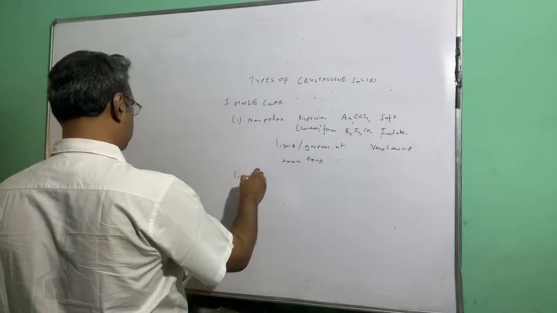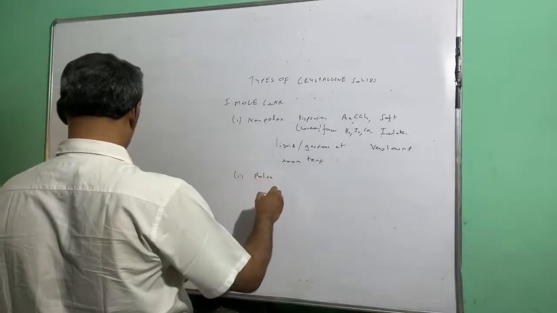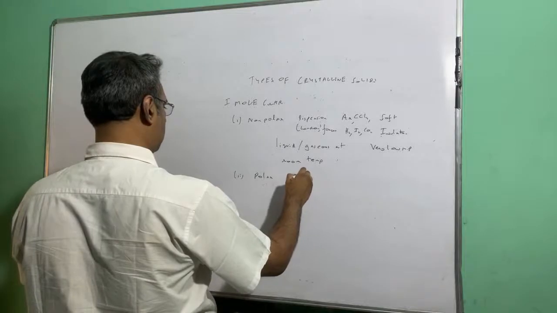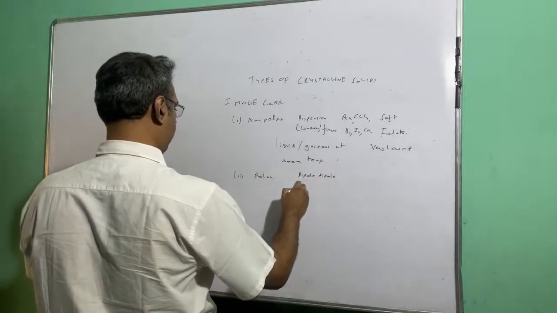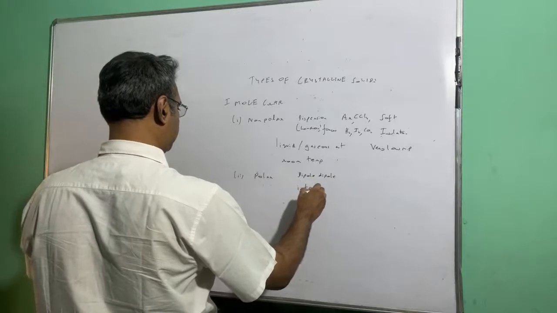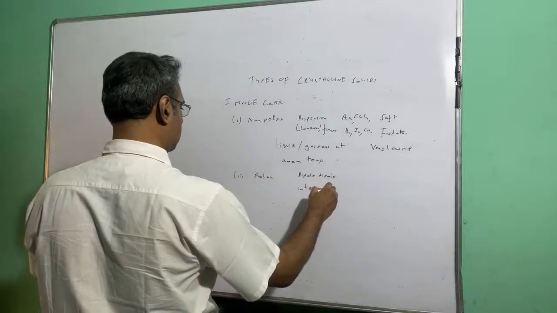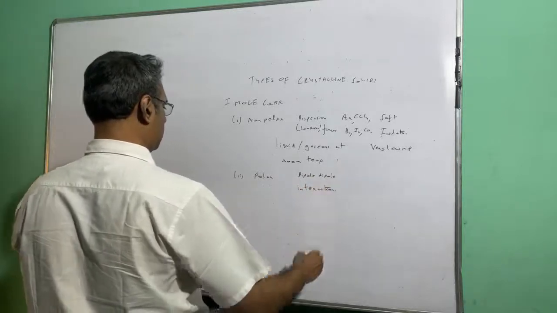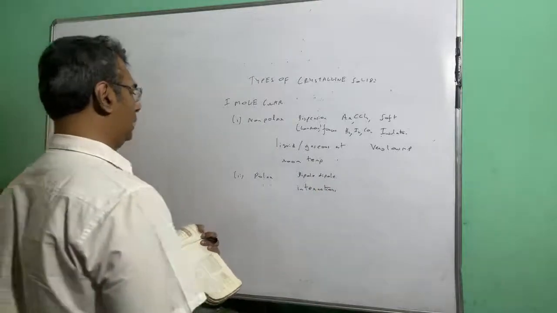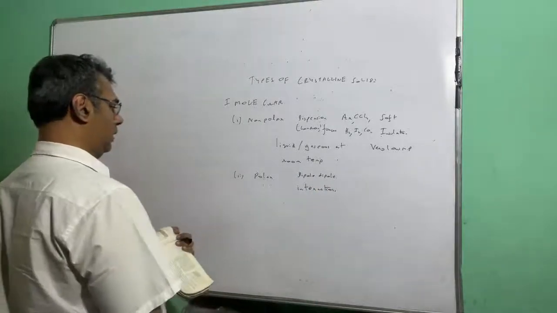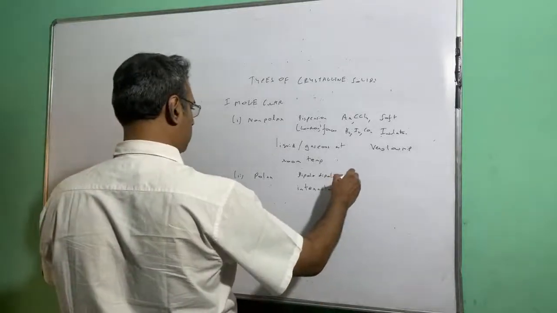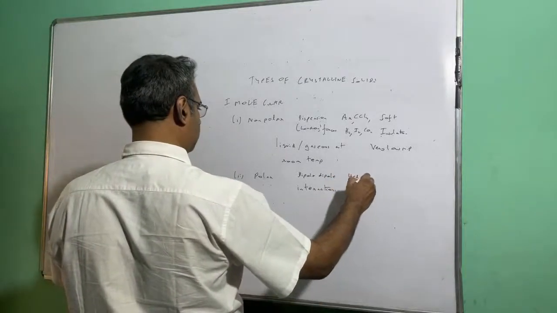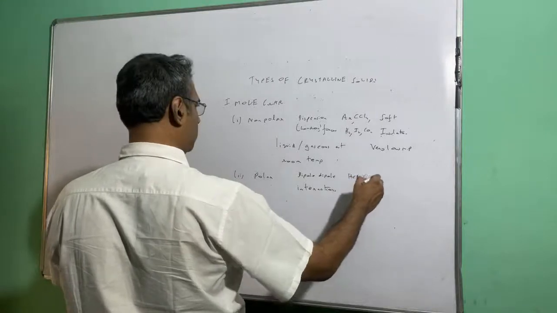Next we come to category number 2, polar. Polar molecular solids have dipole-dipole interactions, and examples are HCl and SO2.